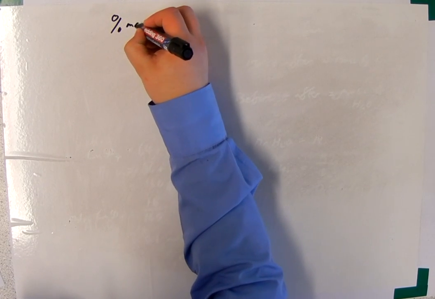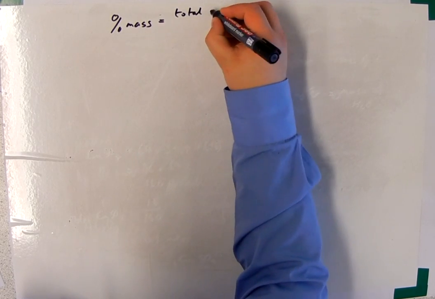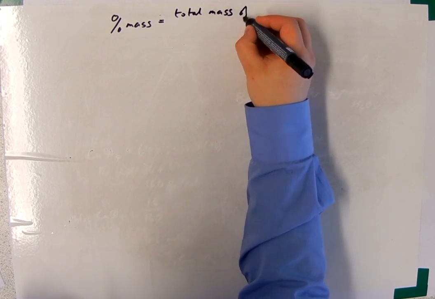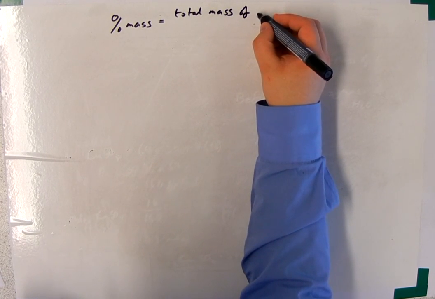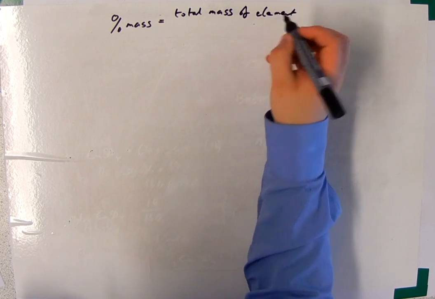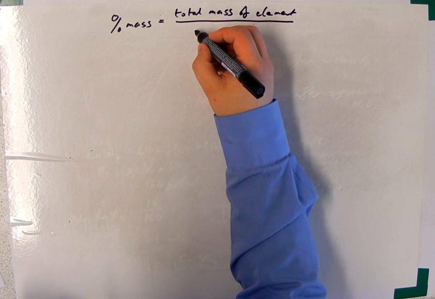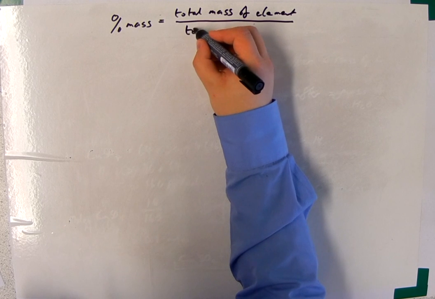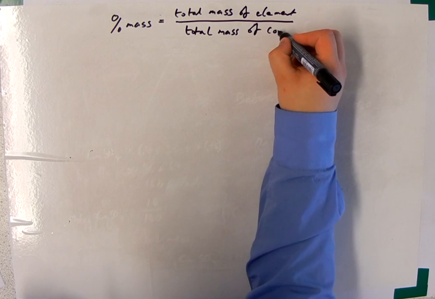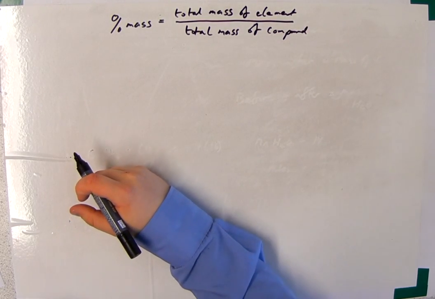Percentage mass is total mass of that element divided by total mass of the compound. Total formula masses would be one way of looking at that.